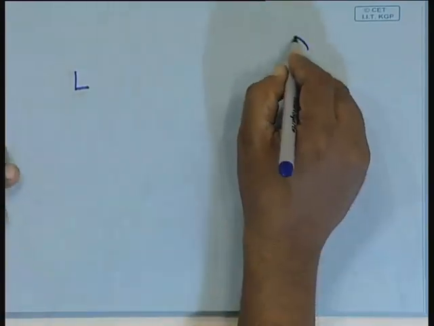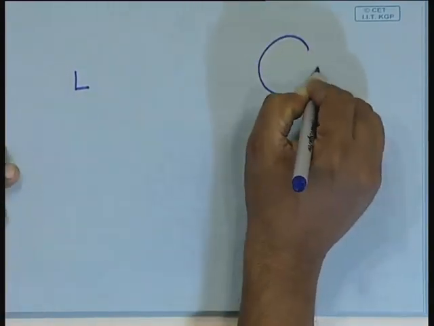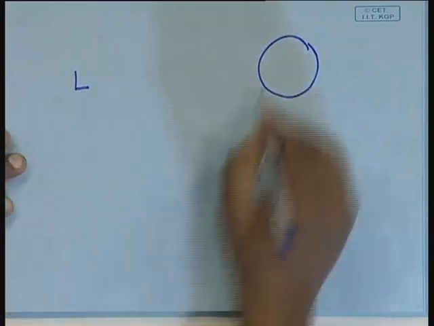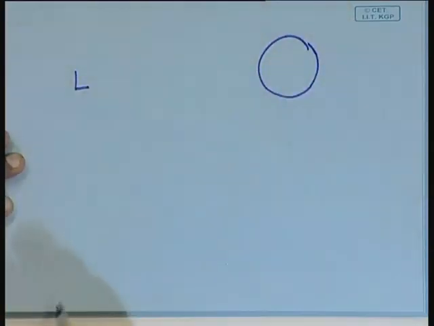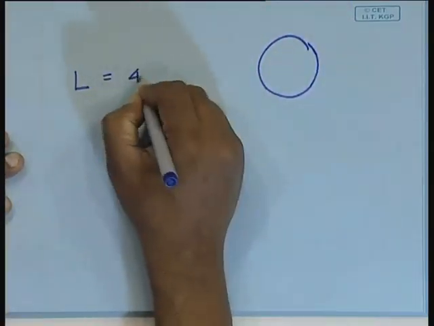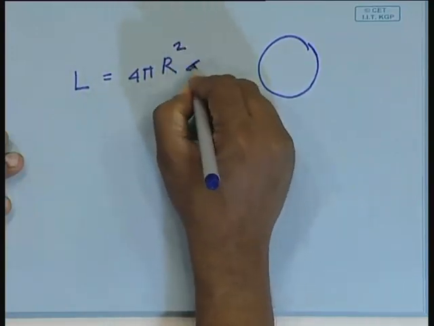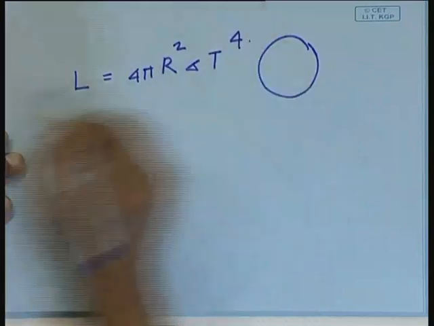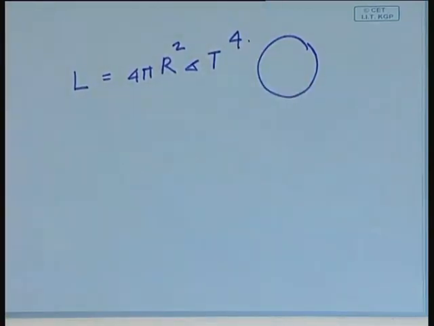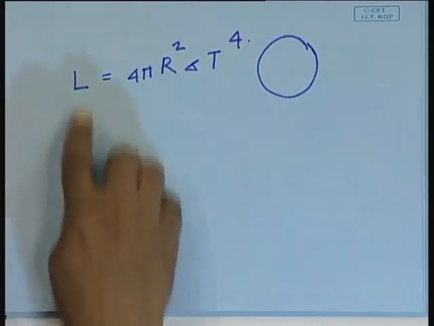So, just think about it, there is an object emitting as a black body from its radius, that is the radiation that comes out. Now, if the radius increases, then the luminosity goes up.